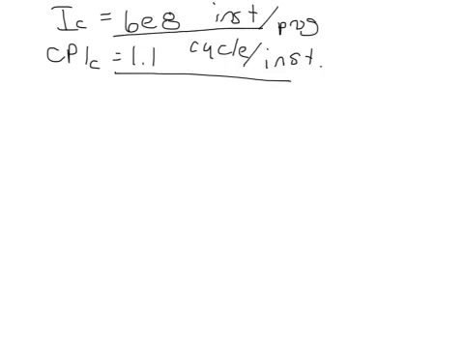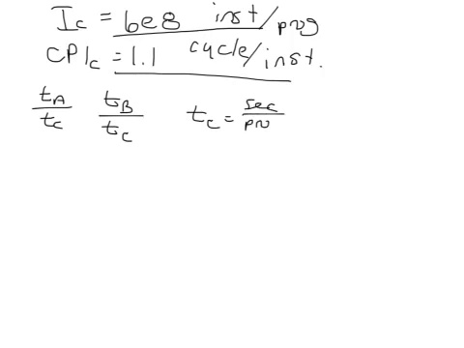What is the speed up of using the new compiler versus using compiler A or B? So we want to know what's TA over TC and what's TB over TC. So we have to have TC, which is going to be seconds per program.